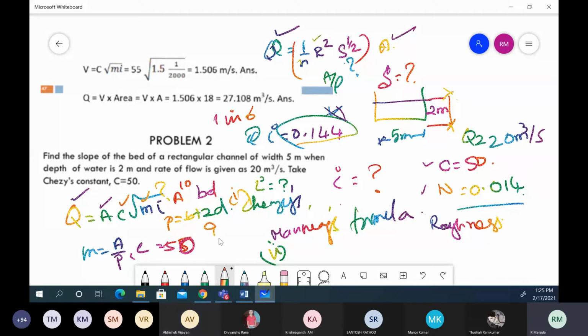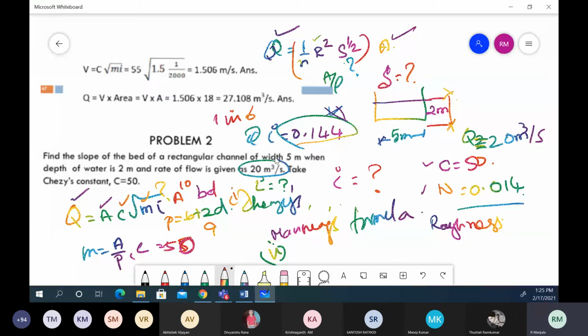Perimeter is 9. Am I right? Yes, ma'am. And Q is equal to 20 meter cube per second. So 20 is equal to 10 into 50 into square root of 10 by 9 into I.